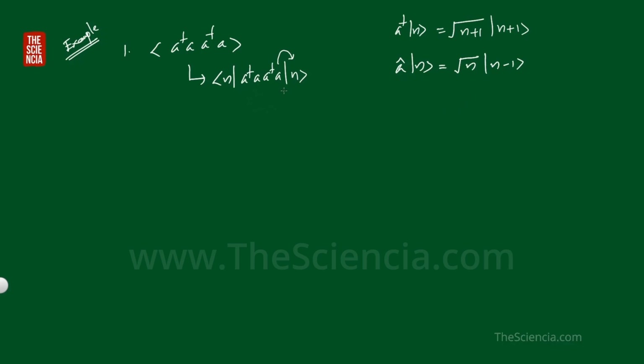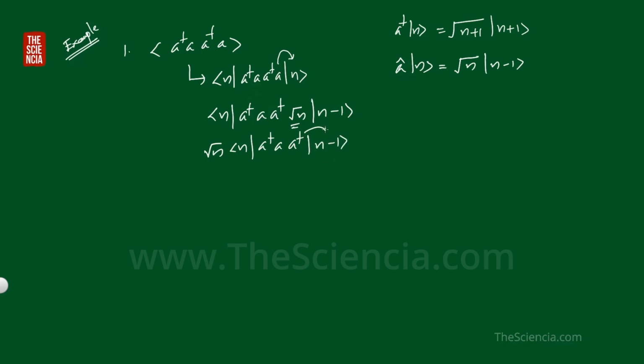So here, first this annihilation operator operates on the ket n, so we will get bra n a dagger a dagger, and this is root n ket n minus 1. Now we can take this root n outside because it is a constant value, that is root n bra n a dagger a dagger ket n minus 1.